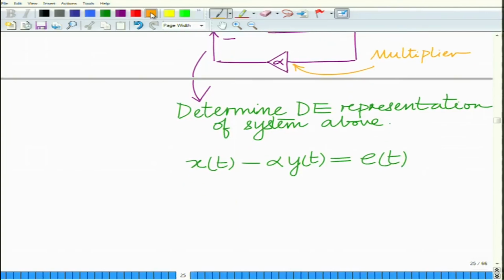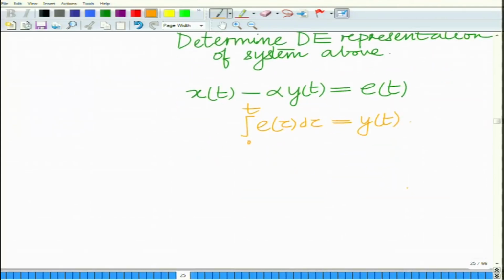Similarly, E t is passed through an integrator to yield y t, which means the integral from 0 to t of e tau d tau equals y t. Now, what we are going to do is differentiate both sides of the above equation.